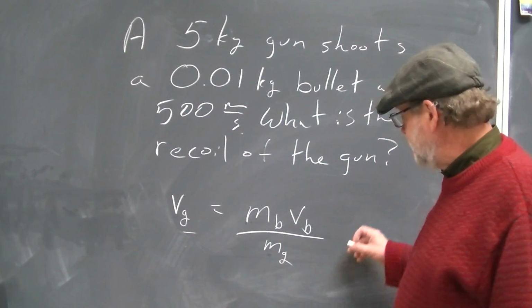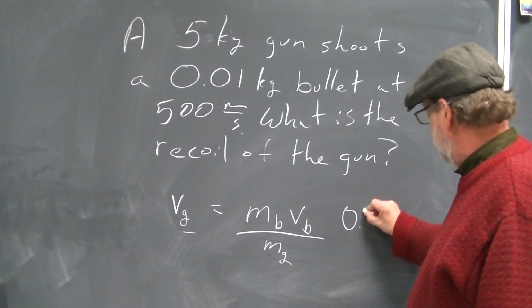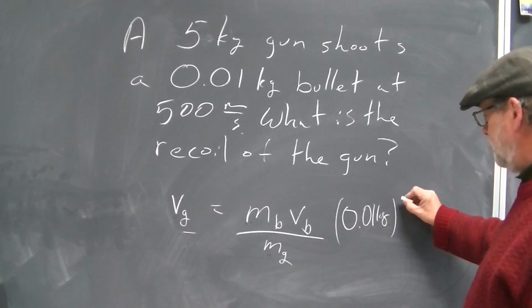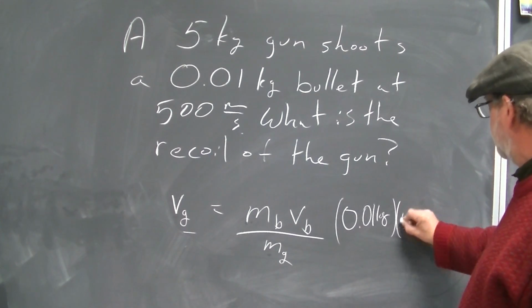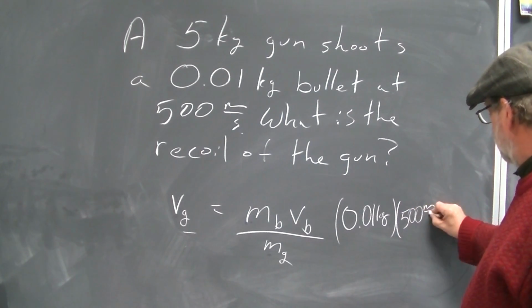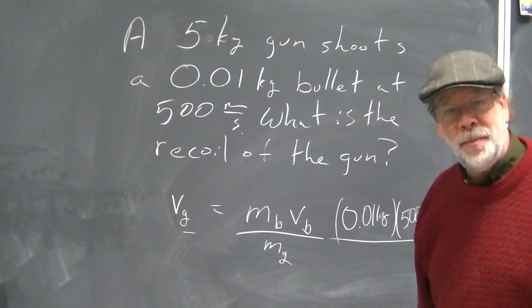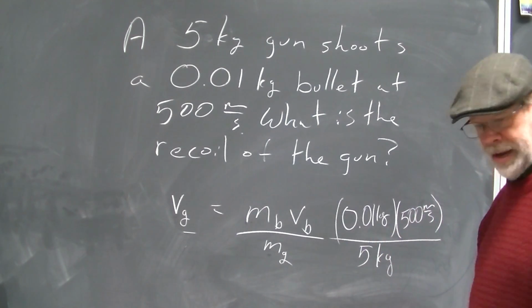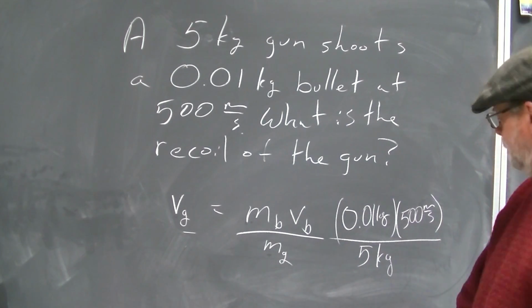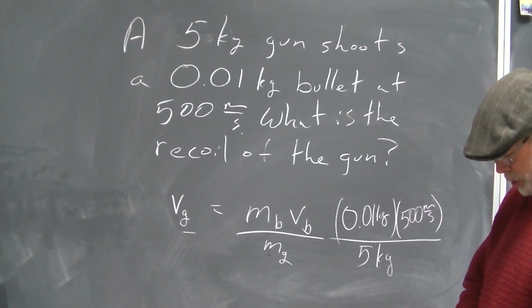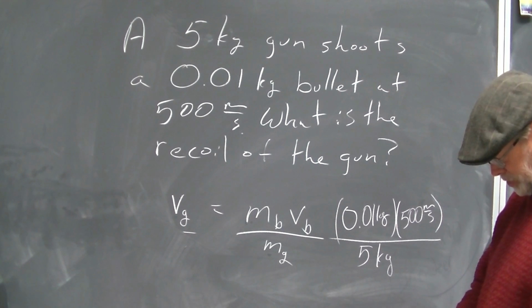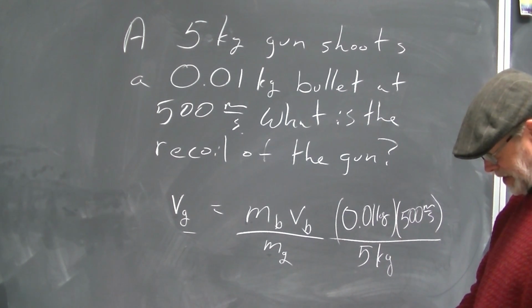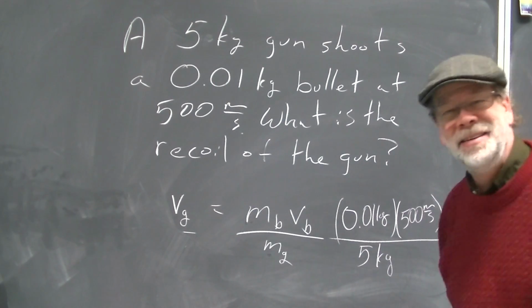So sub in. Mass of the bullet is 0.01 kilogram times the velocity of the bullet, which is 500 meters per second, divided by the mass of the gun, given as 5 kilograms. Well, this is all right. So 0.01 times 500 divided by 5 equals, did you see that one coming?